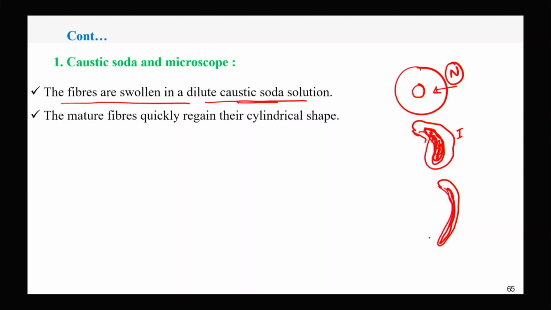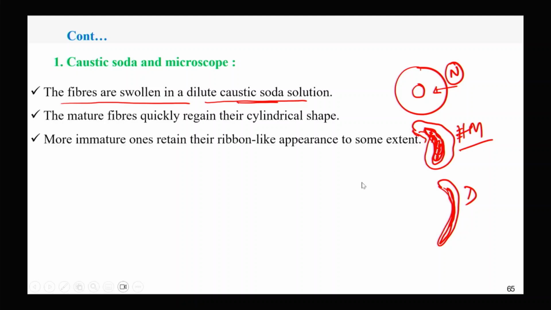So three types of fibers we can classify: normal, half matured fiber and dead fiber.